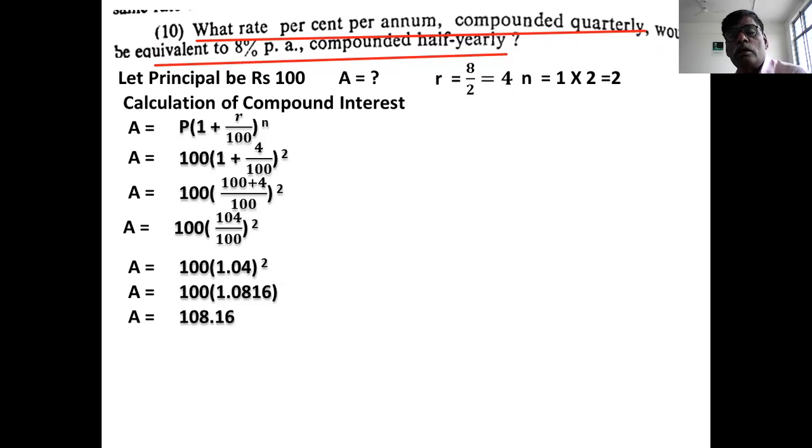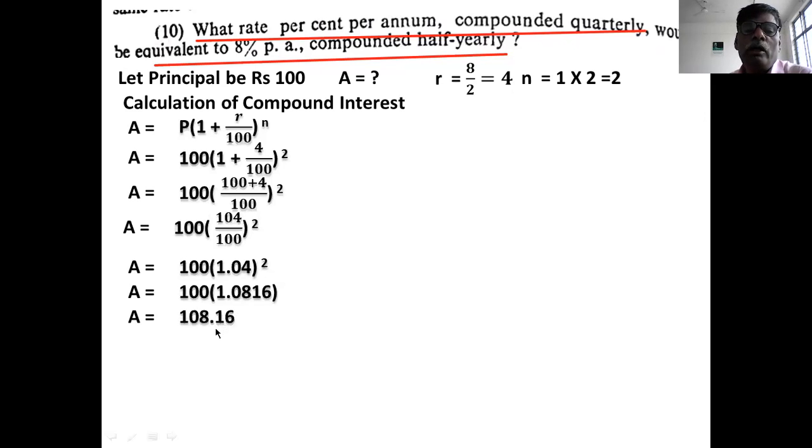Question is, if you calculate interest quarterly on rupees 100, that amount must equal 108.16. Then what is the rate of interest you have to apply? This is the question asked.